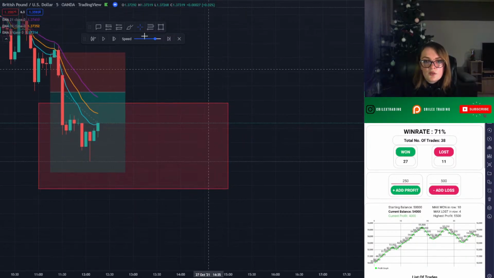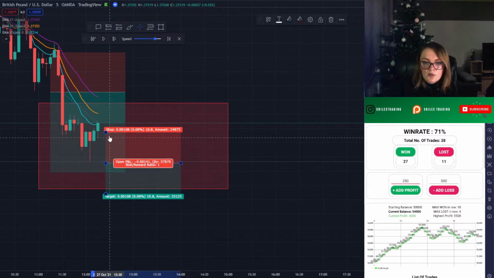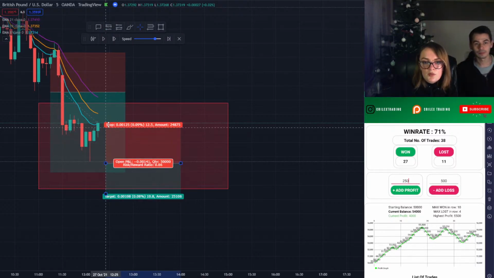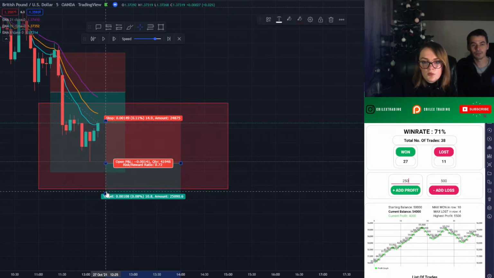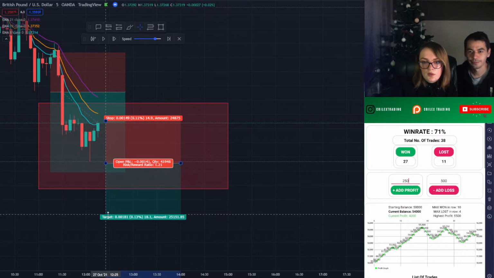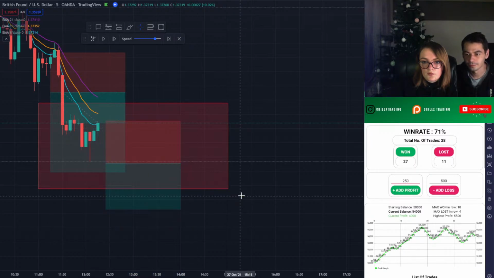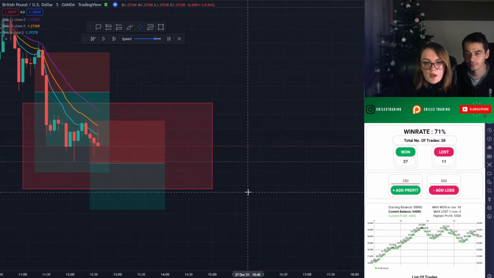Okay, so we've got a new potential scaling entry, because we've got a new retouch in this zone. And let's see what will happen.